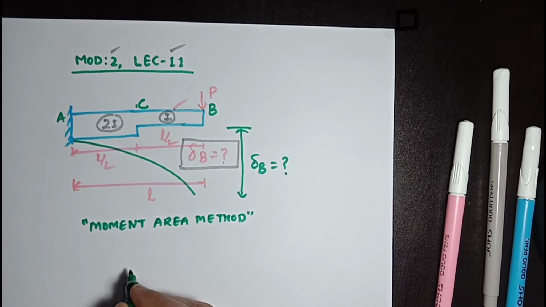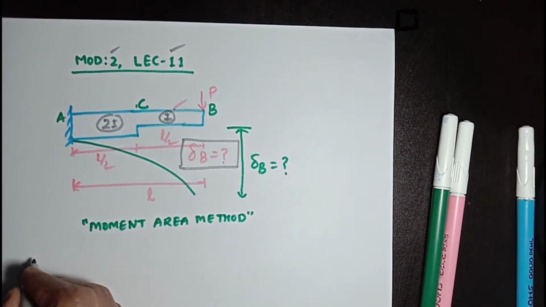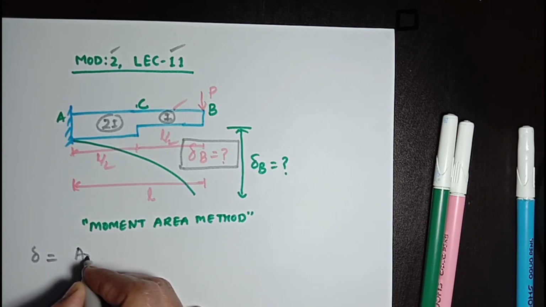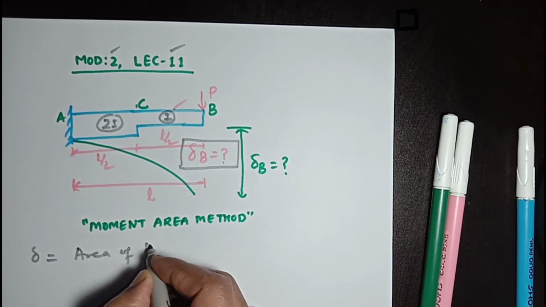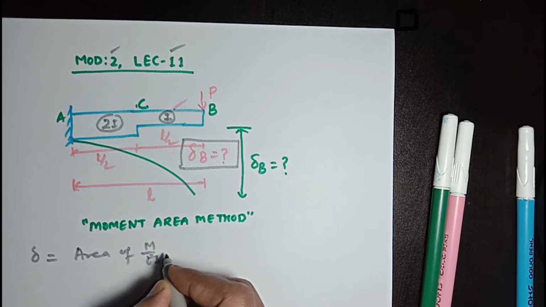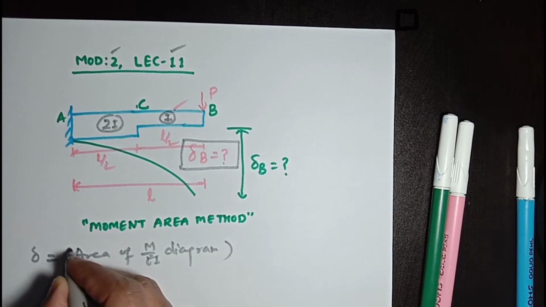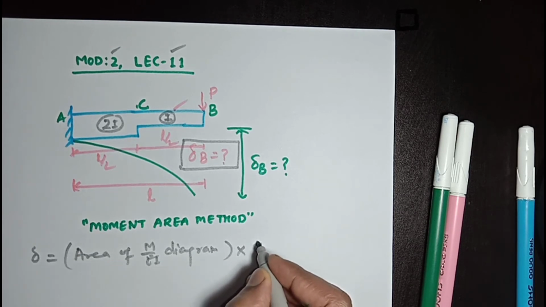As per the moment area method, as you know, deflection delta is calculated as the product of the area of the M over EI diagram with its centroid.